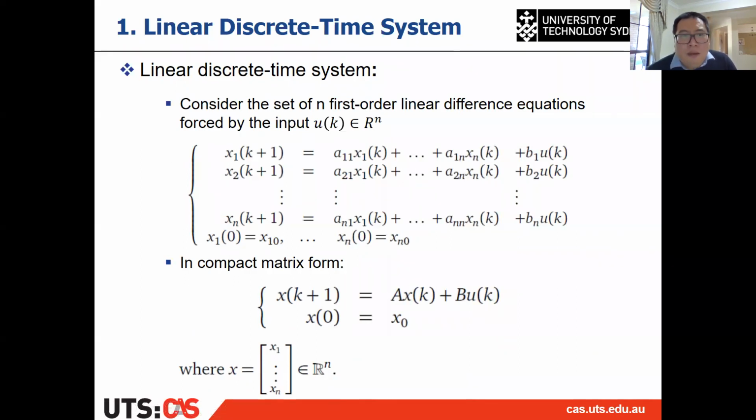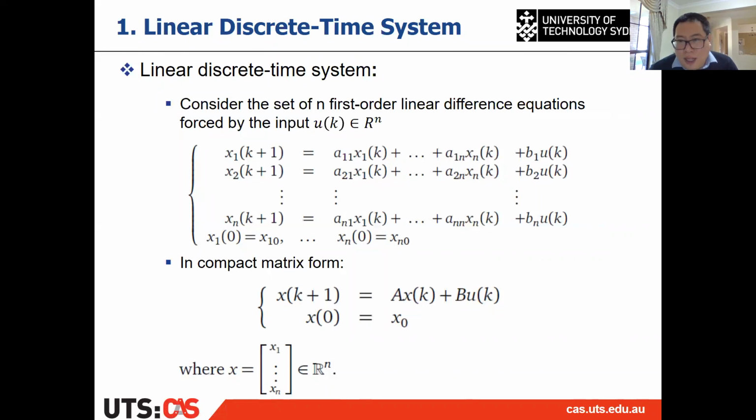time system. But the linear discrete time system, as I mentioned for the continuous time system, can handle multiple variables in the state. So in this case, suppose you have n states.